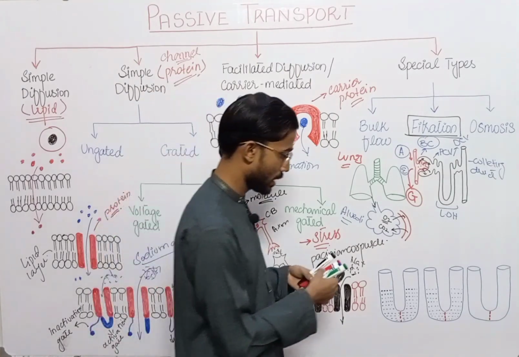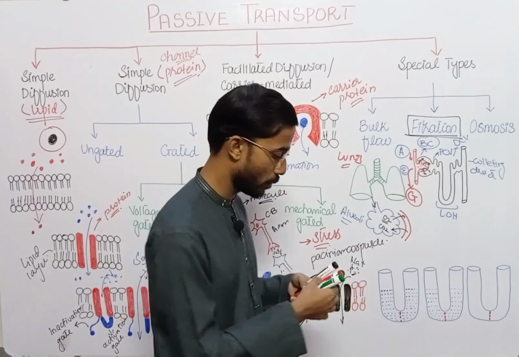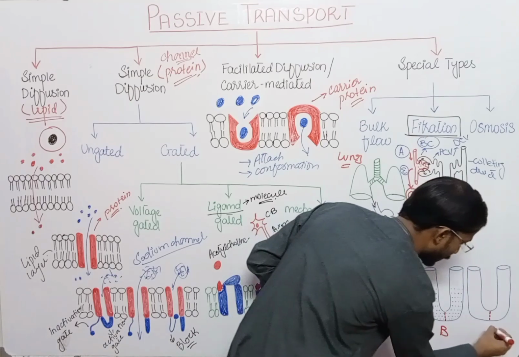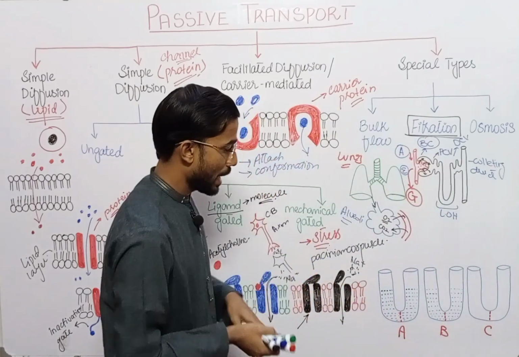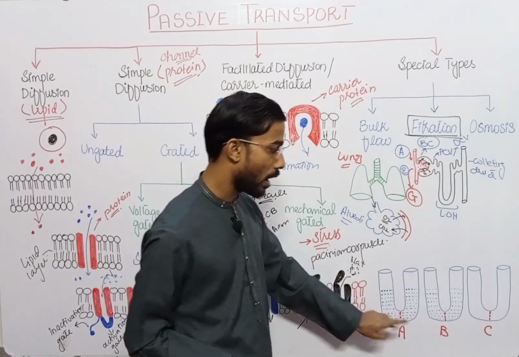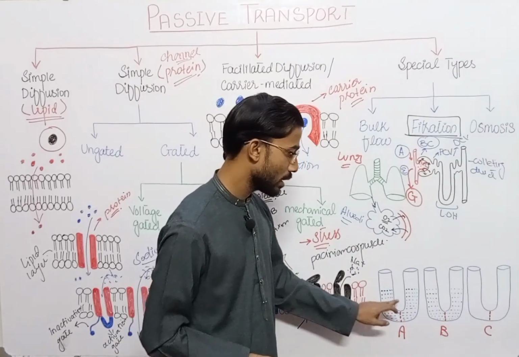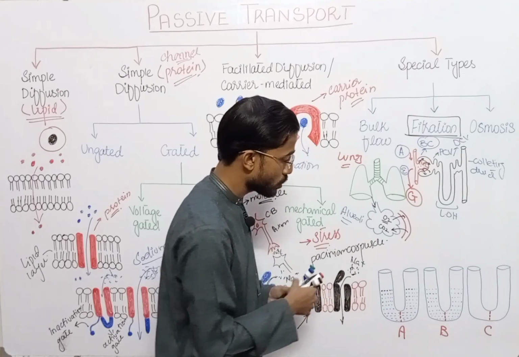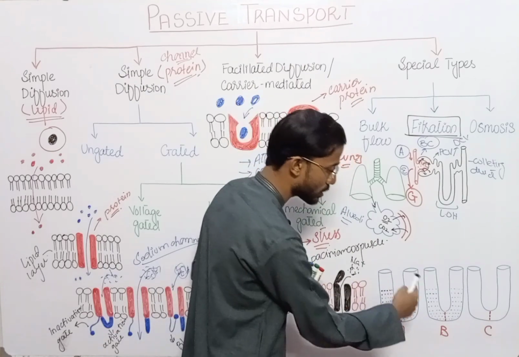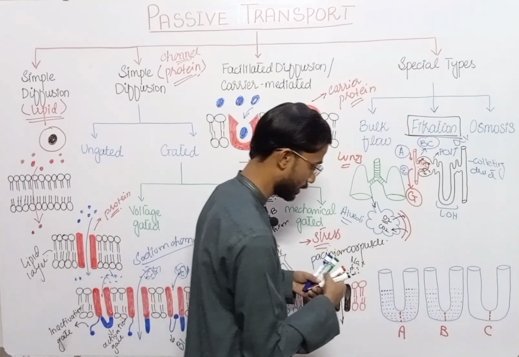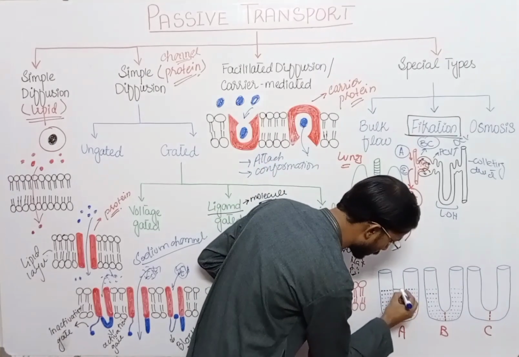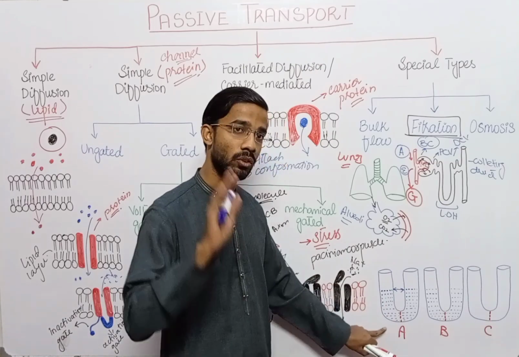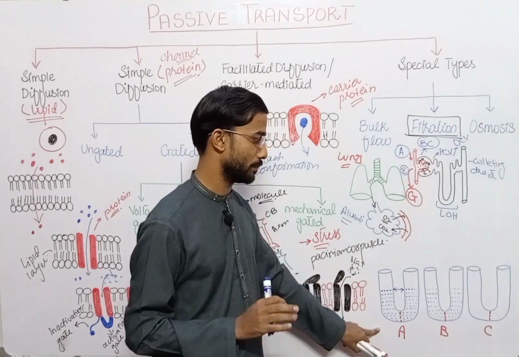Here you can see three tubes: tube A, tube B, and tube C. All these tubes have a semi-permeable membrane in the center. Tube A has water molecules, and their levels are equal. So tube A has only water in it.